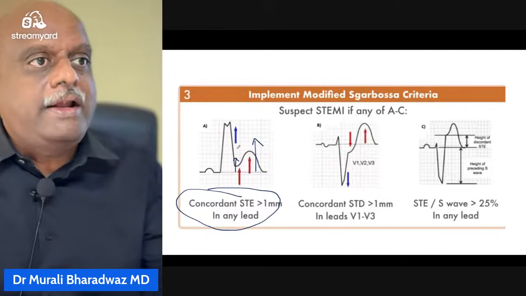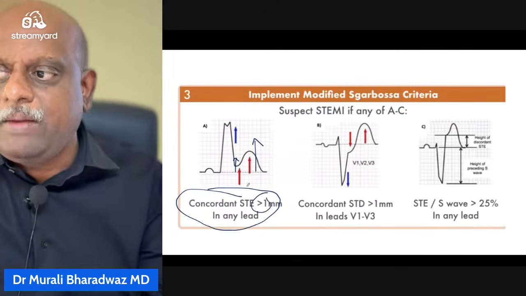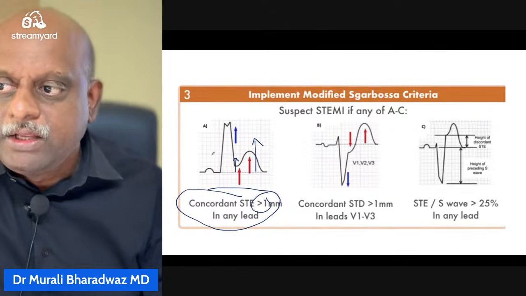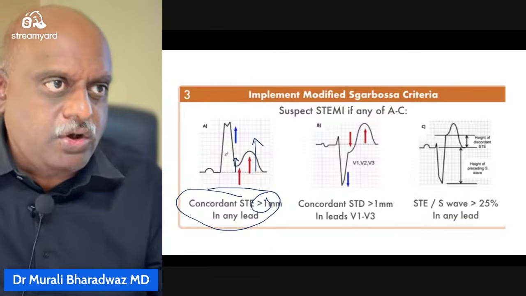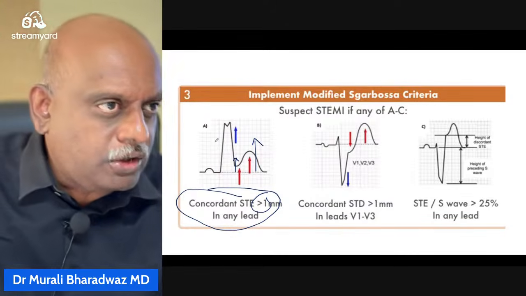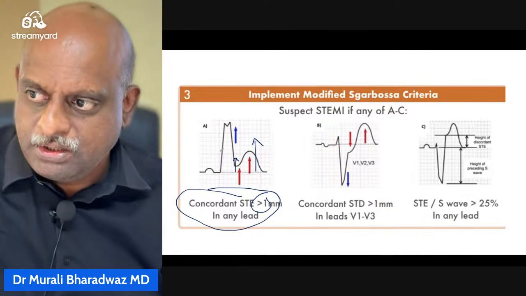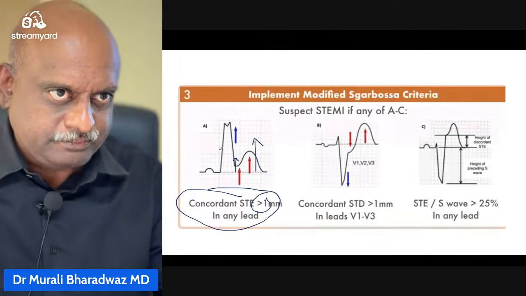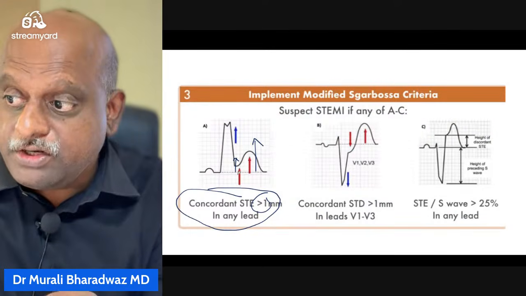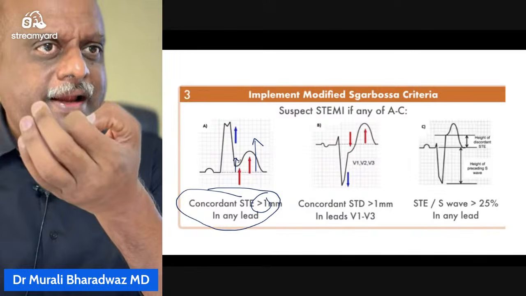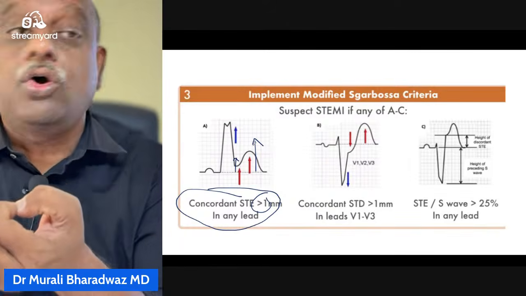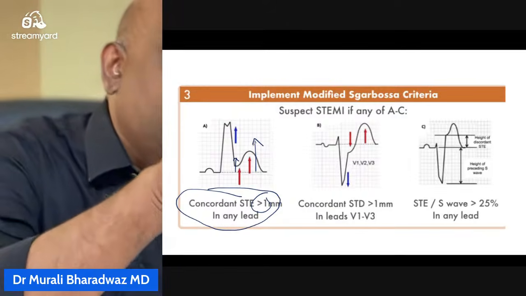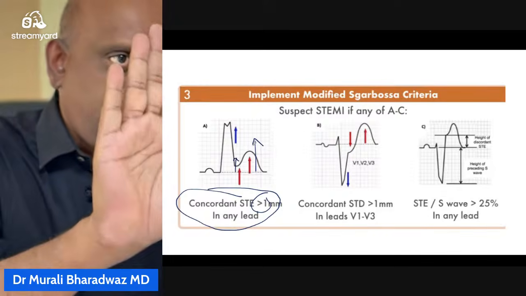So concordant ST elevation should be more than 1 mm. See, in the ECG, you have large blocks and small blocks. Each small block, height is 1 mm, width is 1 mm. ST elevation more than 1 mm in any lead, and there is a concordance. That means T is not inverted, ST is elevated.